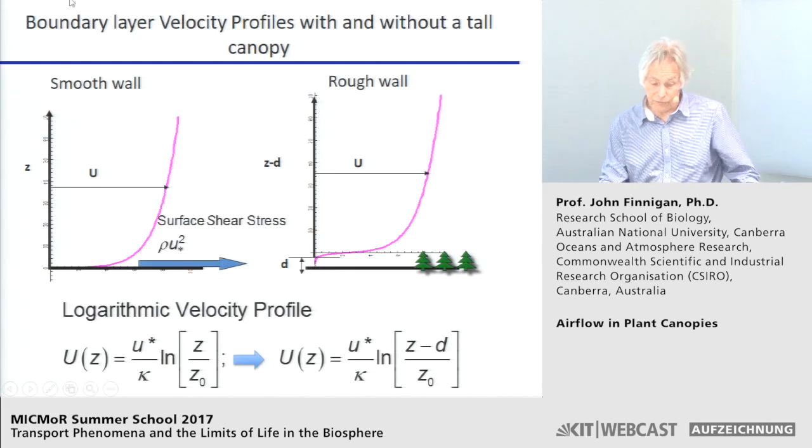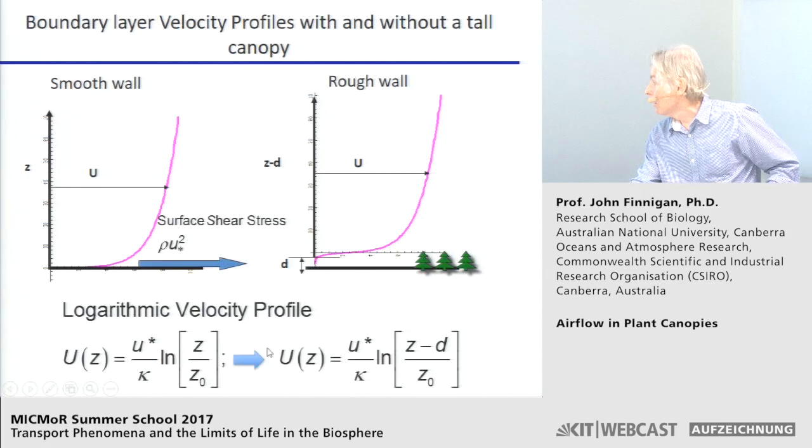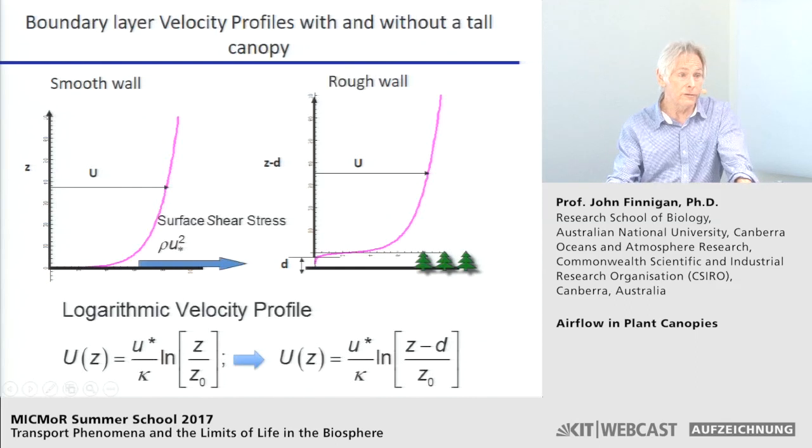So we've replaced the form of the logarithmic velocity profile that I showed you before with a new profile where we change the coordinates. So Z, instead of starting on the ground, now starts at this displacement height, which is somewhere in the middle of the trees.